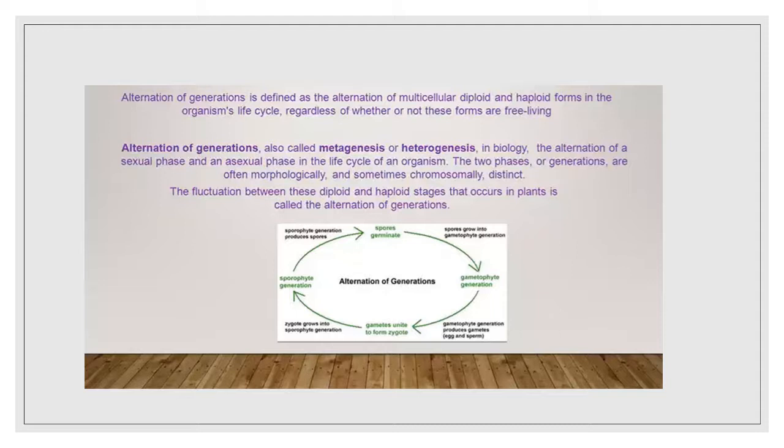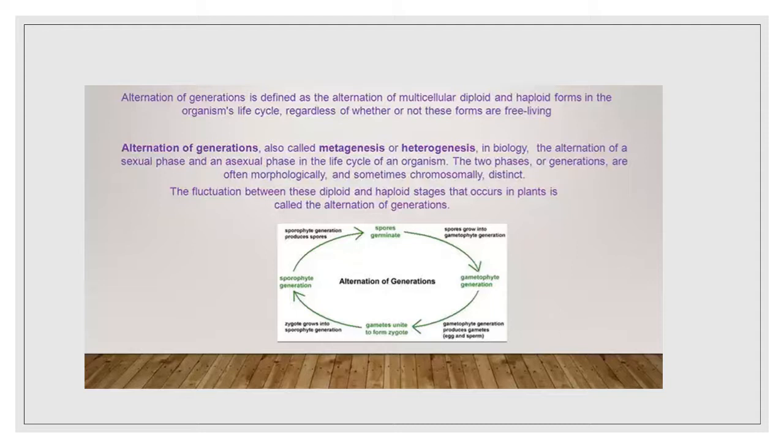Regardless of whether or not these forms are free living, dependent or independent. Alternation of generation is also called metagenesis or heterogenesis in biology. Over here it means that the two life forms, haploid and diploid, are there, and the plant kingdom shows alternation of generation.